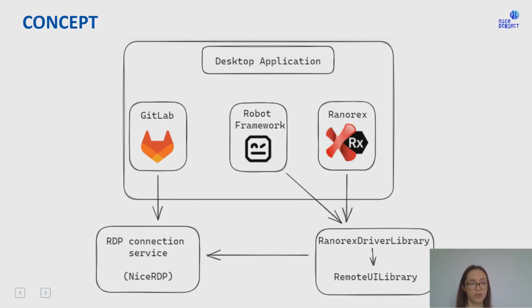But the key point here is our need to execute tests within GitLab pipelines. Let's picture this scenario. We have virtual machines on which we intend to test various desktop applications. We can install GitLab runners on this machine and simply execute our tests. However, there is an important point to remember.